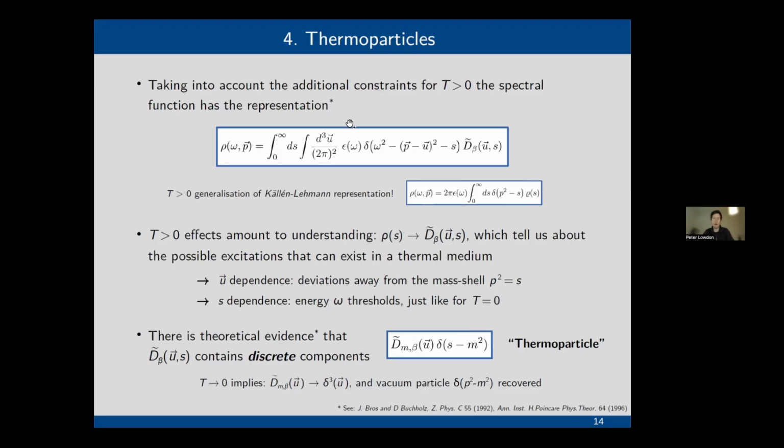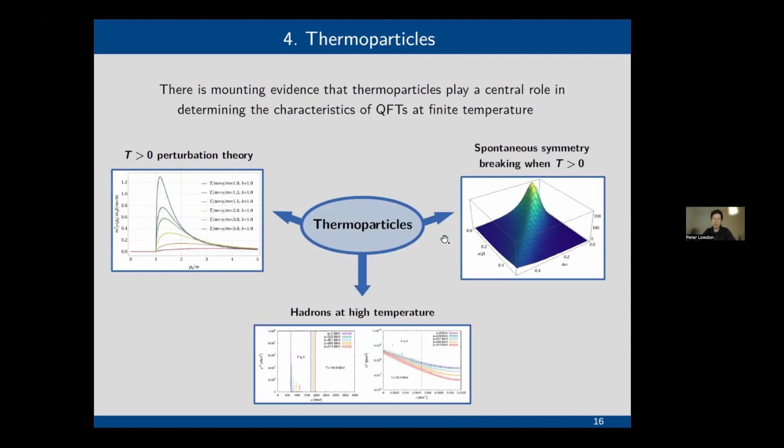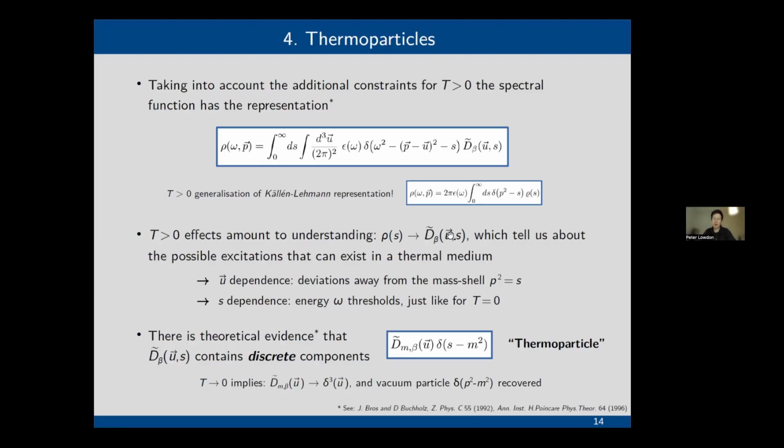What's important is that this equation tells you that all of the temperature and dynamical effects introduced by non-vanishing temperature are contained in this object here. This is the thermal spectral density. It's simply the finite temperature generalization of this object. By adding temperature, you get an additional parametric dependence on this variable u.